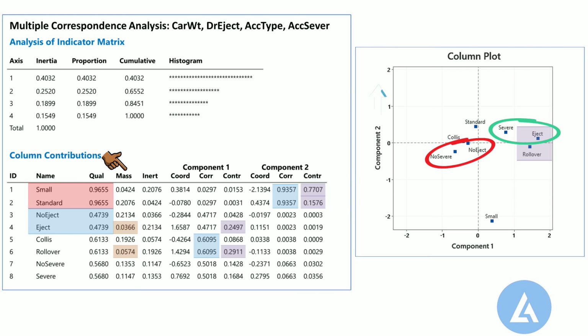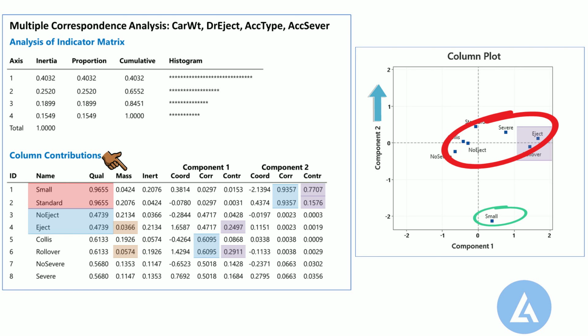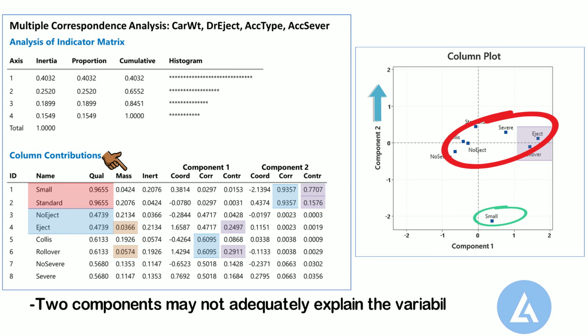Component 2 is shown on the vertical axis. The small car size is located far from the other categories on one side of the vertical axis. Therefore, component 2 contrasts the small car size with other categories. However, these results should be interpreted with caution, because 2 components may not adequately explain the variability of these data.